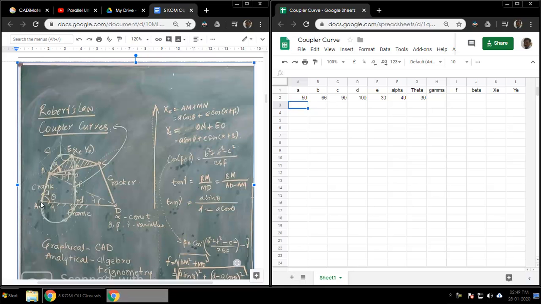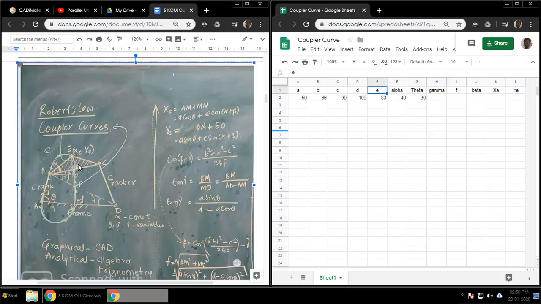So the length of link AB has been given as a, which I have marked here. The length BC has been marked here as b, and the length CD is c. The final link, which is the frame, is of length d, and this length BE is of length e.